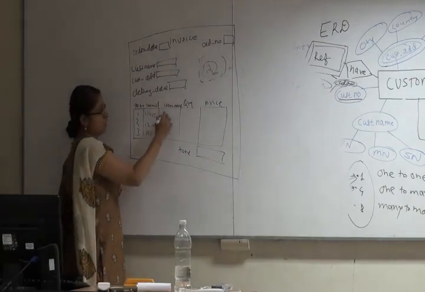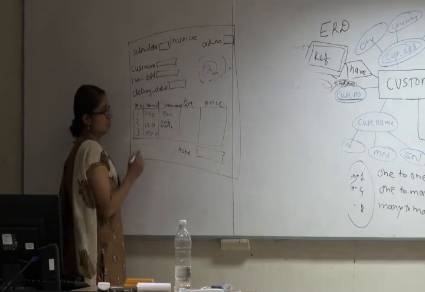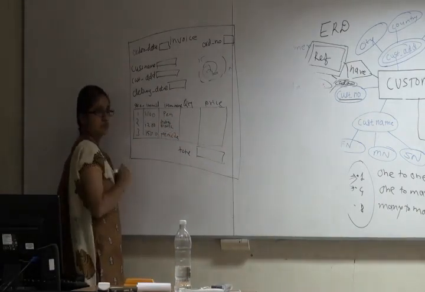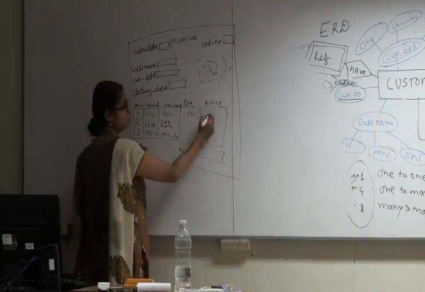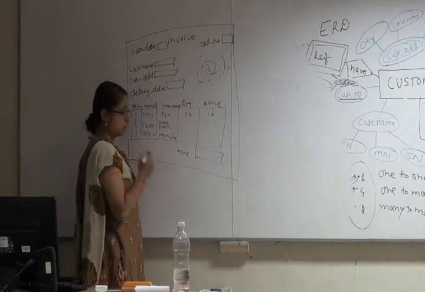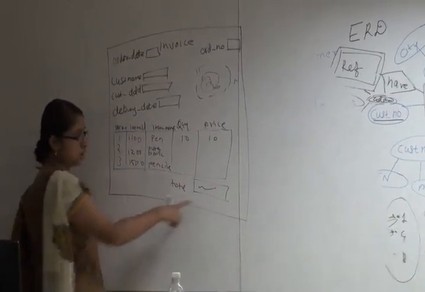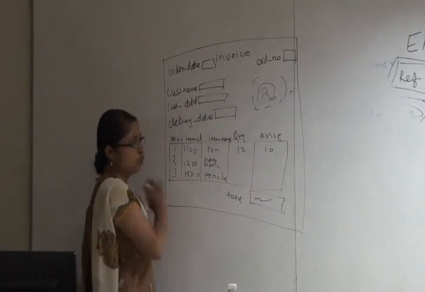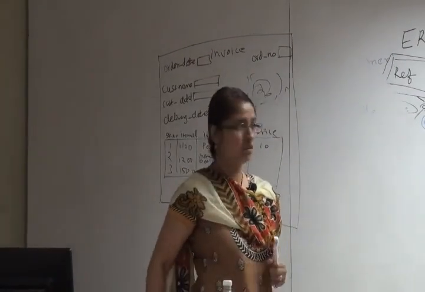Let's say pen, book, notebook, and pencil, quantity for example 10, and price is also 10. This is how it will work, and according to that we will get the total out of it. Now you understand why total is a derived attribute. So this is what the invoice came to you.